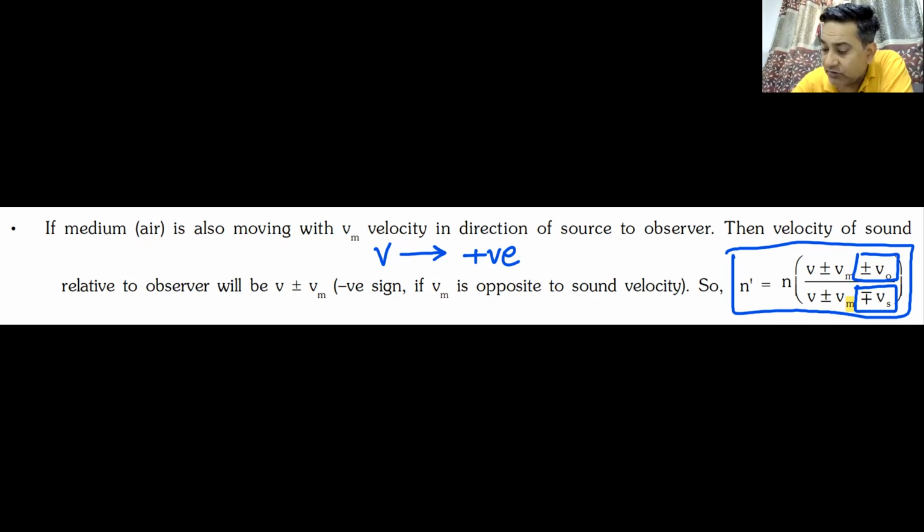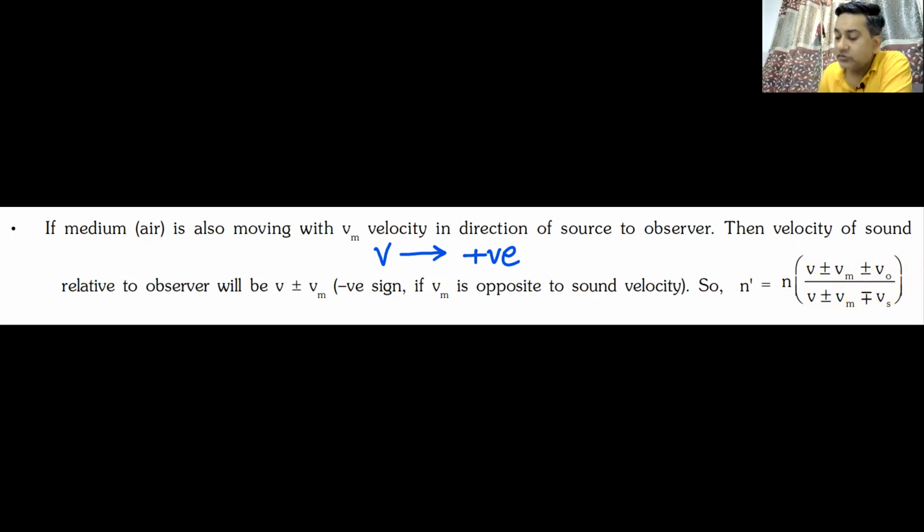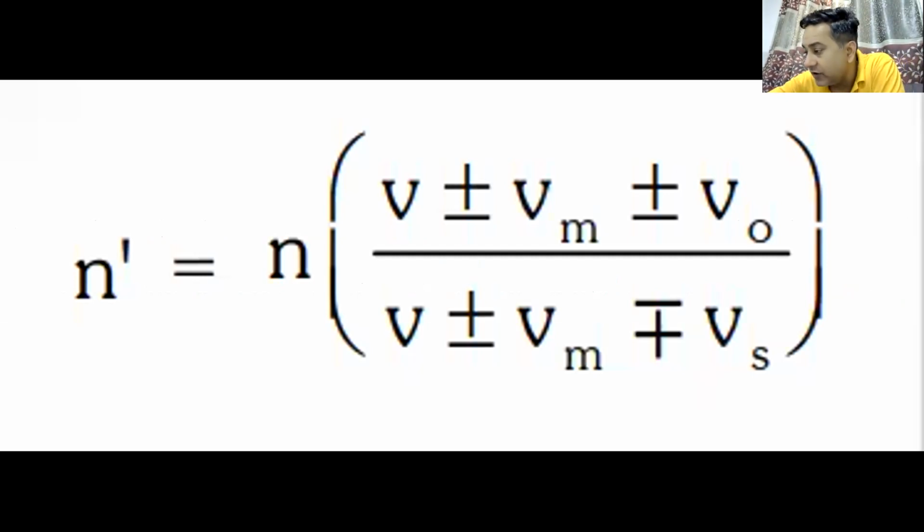Then I can use this formula that I have shown you. Once I use this formula, if you can remember this, we can do all the cases with this one single formula. Do we understand this?